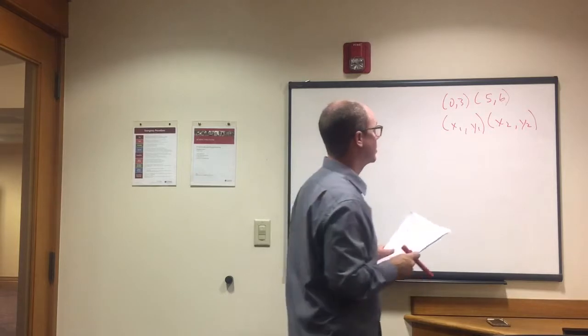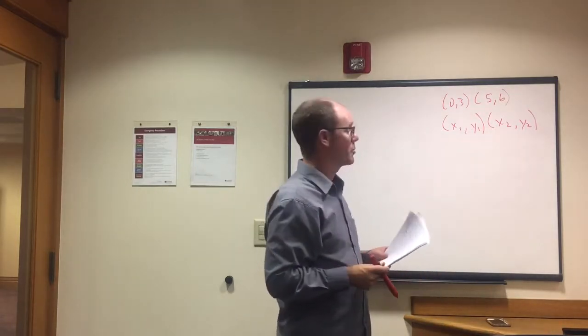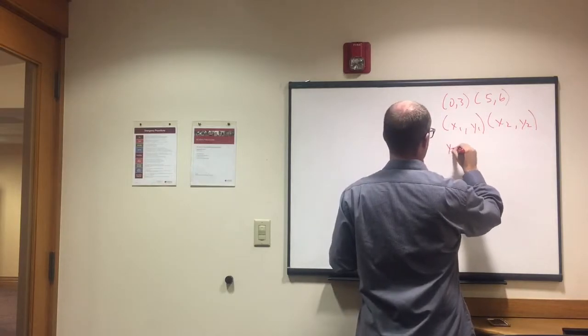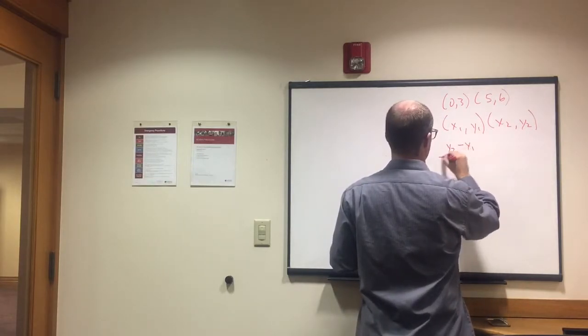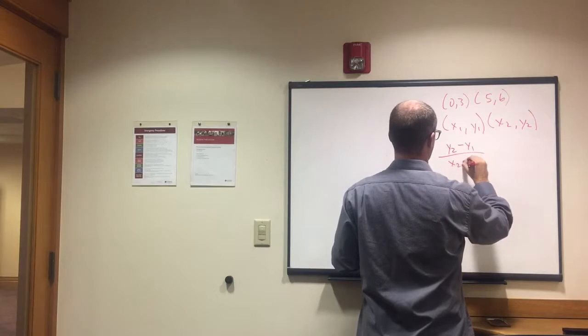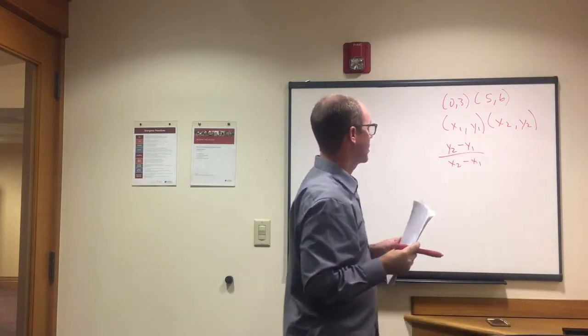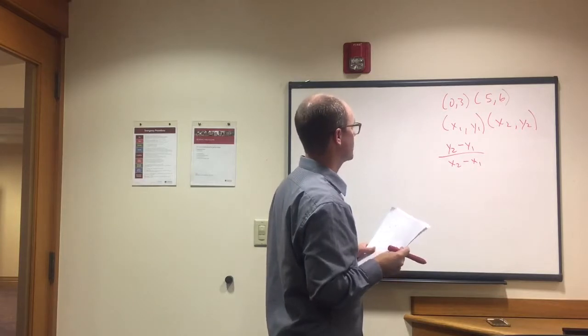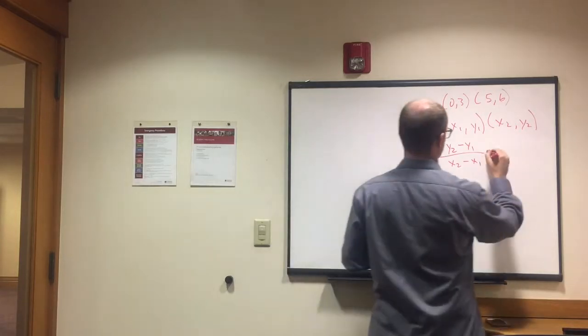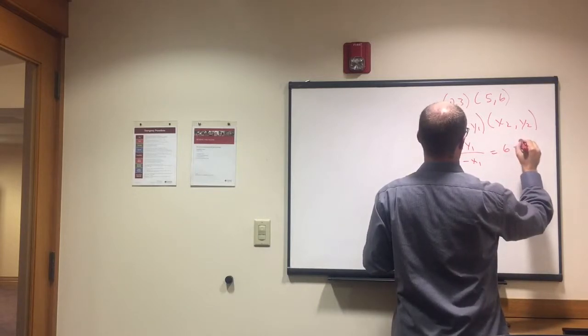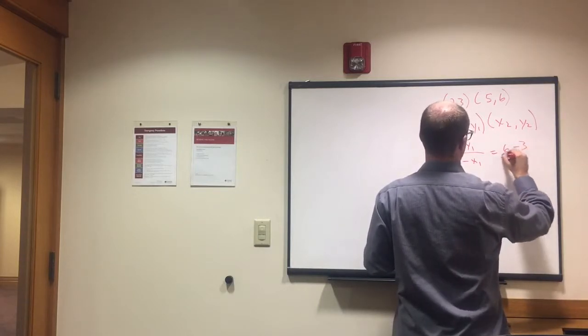And then our formula, trying to find slope, that's what this will be asking you for, is y2 minus y1 divided by x2 minus x1. Okay, and so what is that? If y2 is 6 minus y1 is 3.